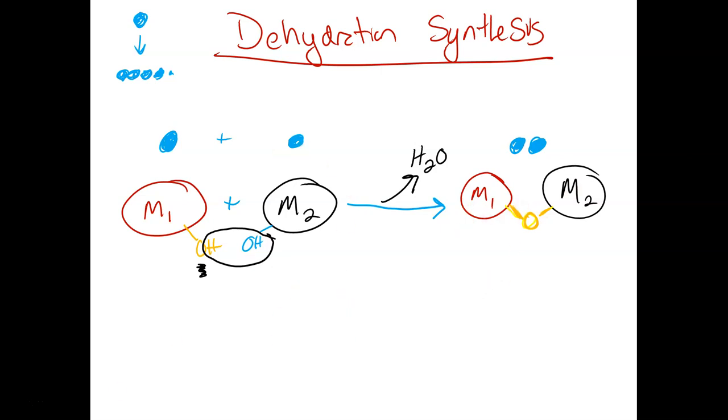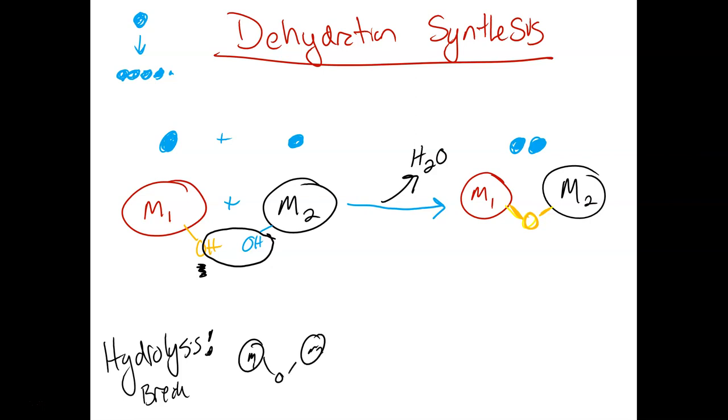This is dehydration synthesis. If I wanted to quickly draw hydrolysis, I'll draw it on the bottom. Please, don't get confused. Hydrolysis is breaking it down, right? This is where we break it down. We're going to go from M1, circle, M2, let me redraw that for you, M1, circle, M2.